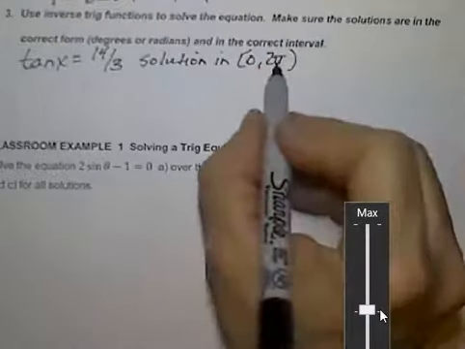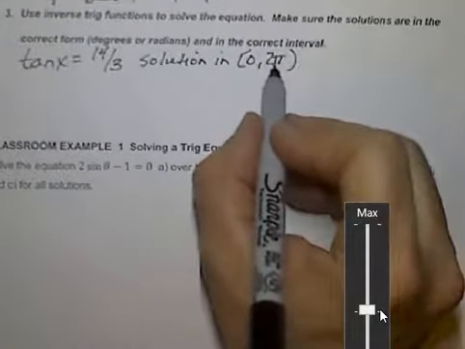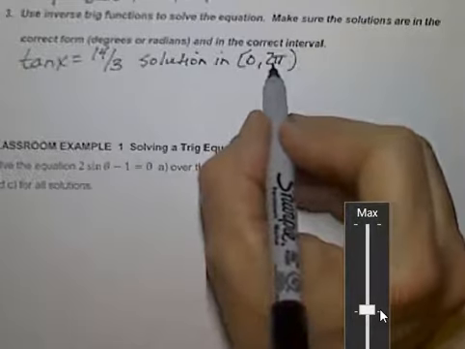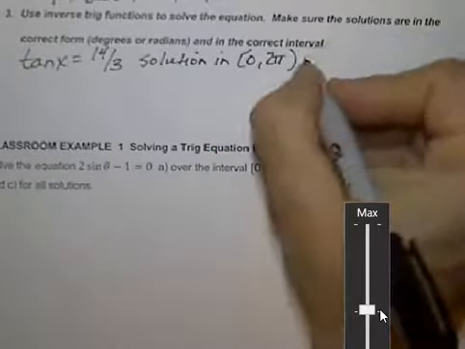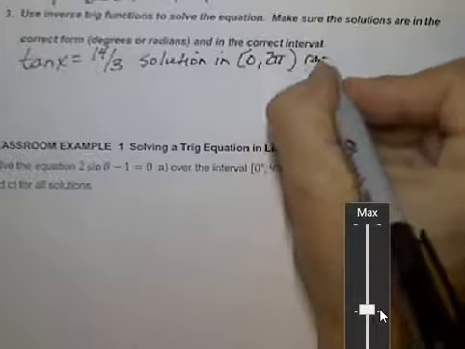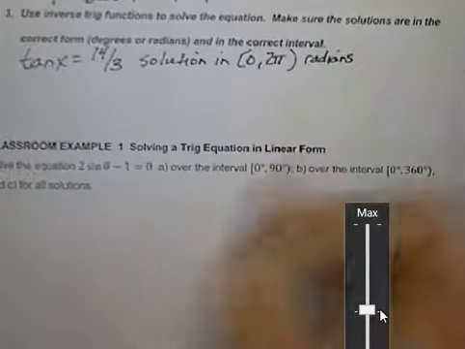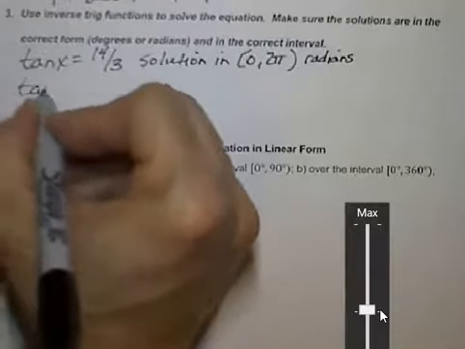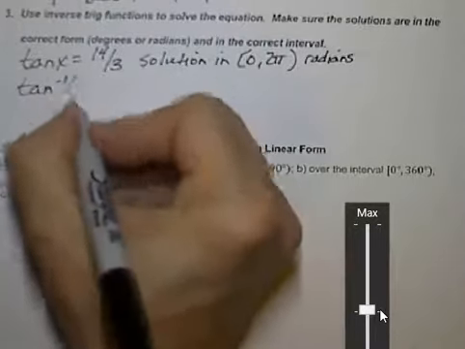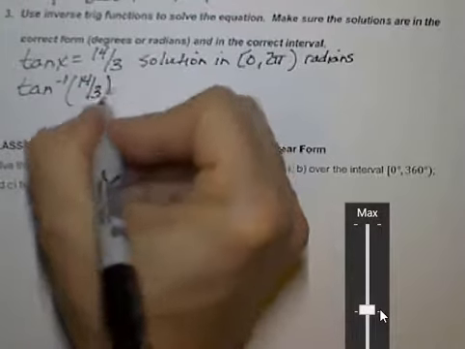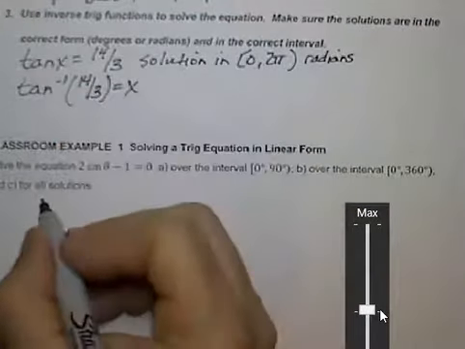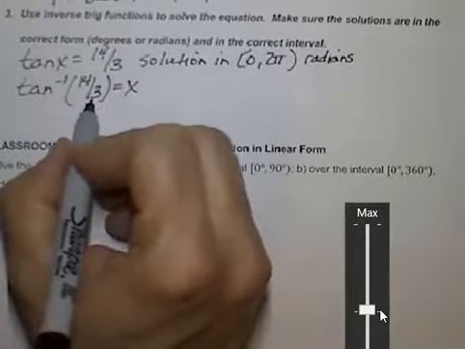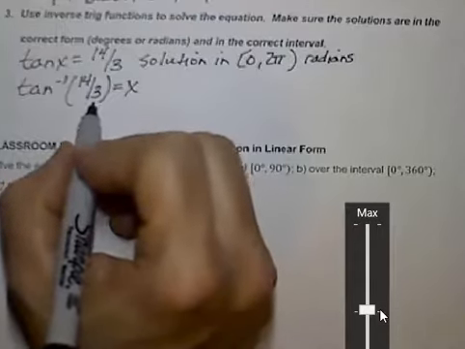This is something you have to look at because this is going to tell you whether your solution should be in radians or degrees. This would mean that our solution is supposed to be in radians since it used 2 pi. What we want to do here is use the inverse tangent. So the inverse tangent of 14 over 3 would equal x. This one we could put in our calculator and get an approximation for it.